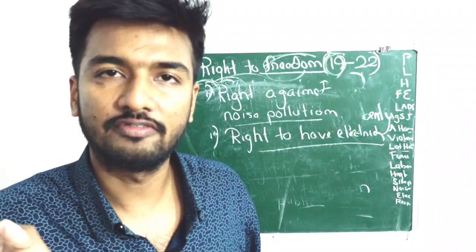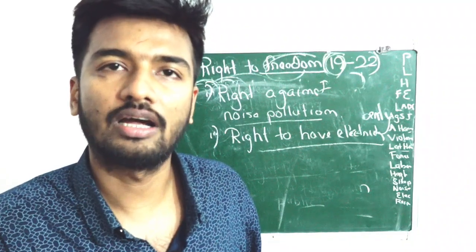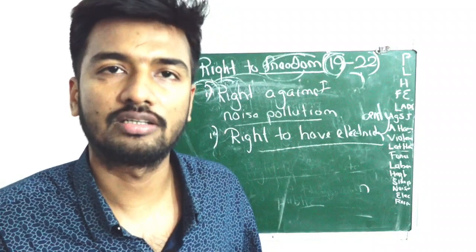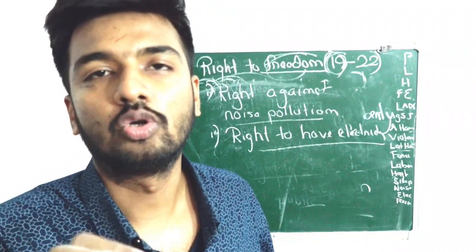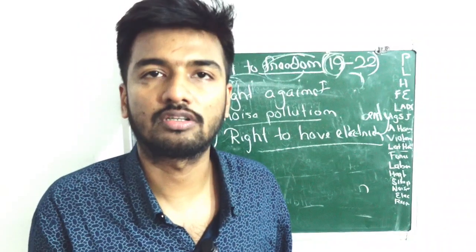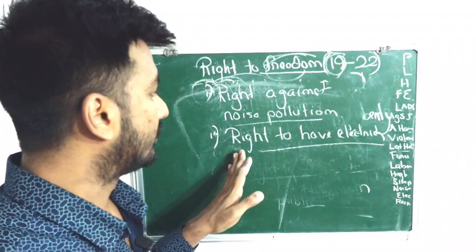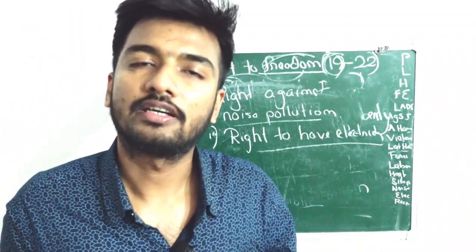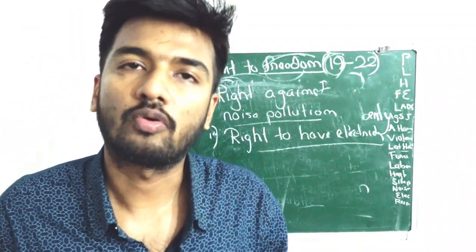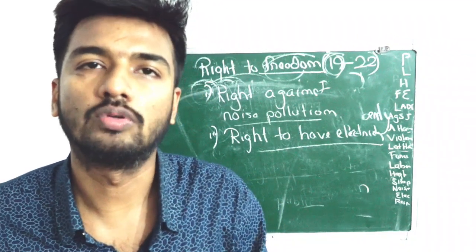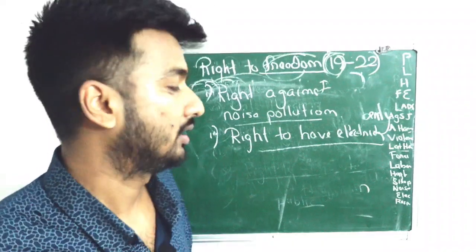Still now, there are some villages in Uttar Pradesh, Bihar, Orissa and Jharkhand, the tribal areas of Jharkhand and Orissa, where there is no electricity at this point of time. But the right to have electricity is a fundamental right. The government should provide electricity to every household in the country.